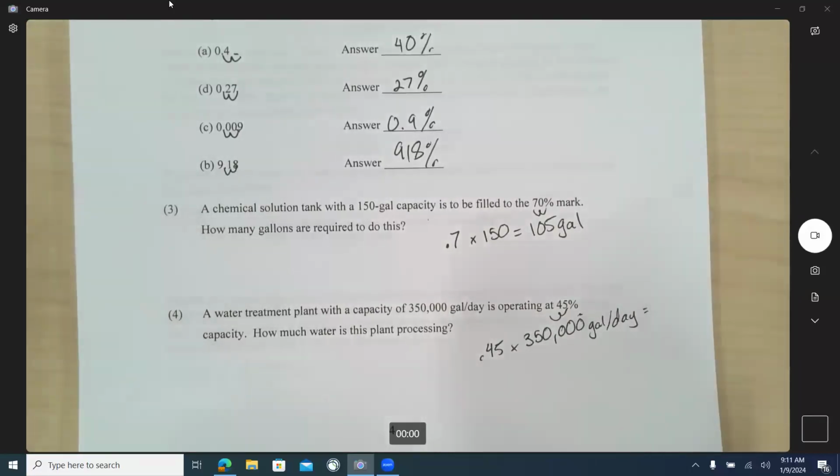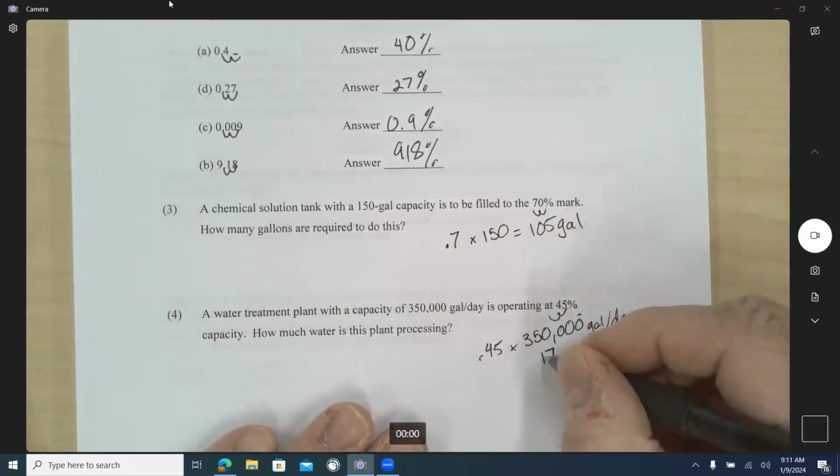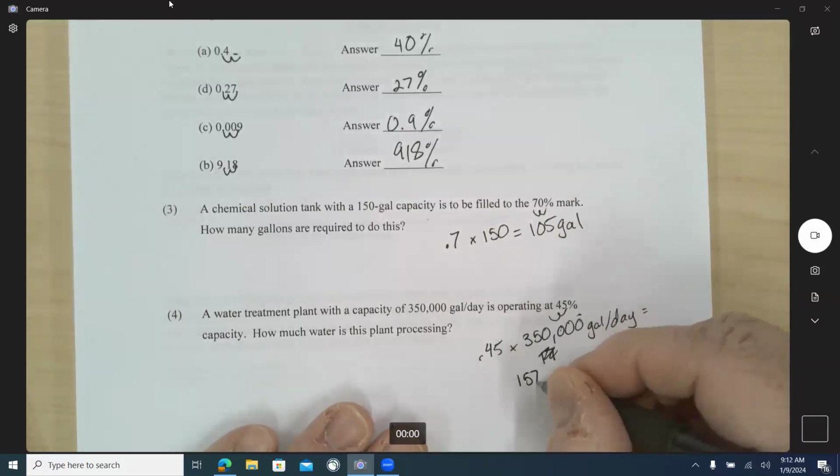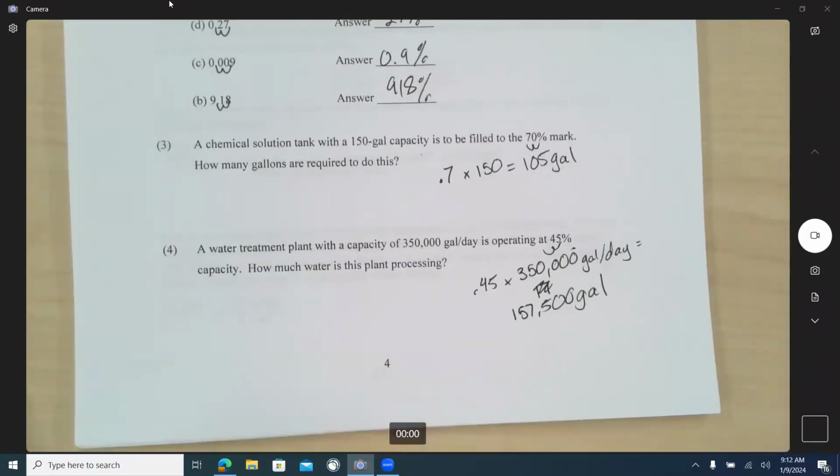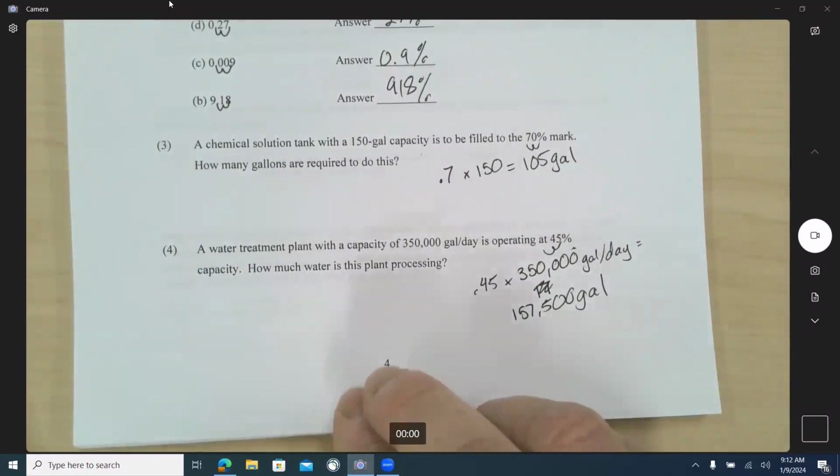And I think it's 157,500, but I got to do this. I have a calculator for a reason. Yep. 157,500 gallons. Okay. So these are percent of questions also. They're just a little bit different, aren't they? So this is everything we've learned so far with the percents and decimals.